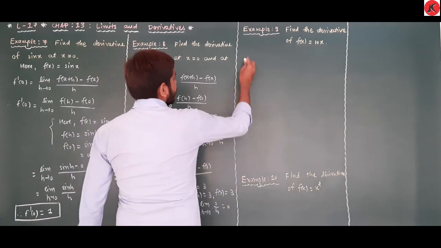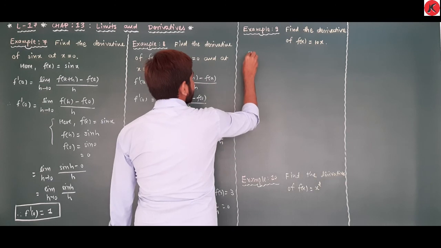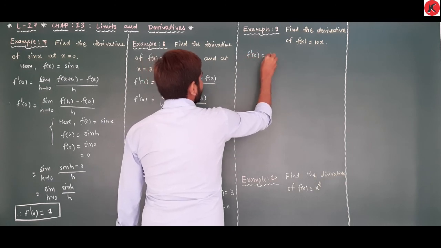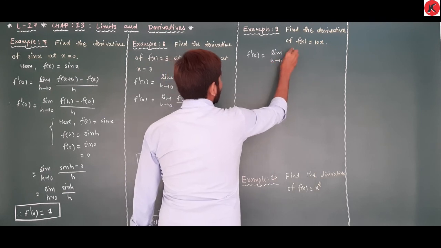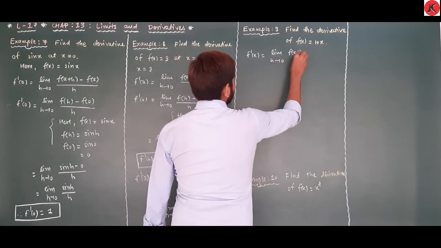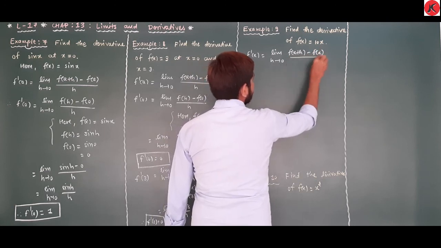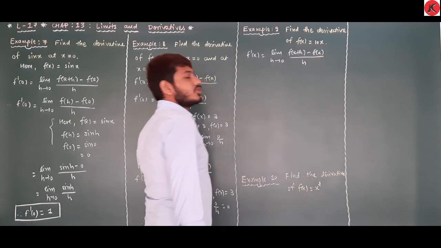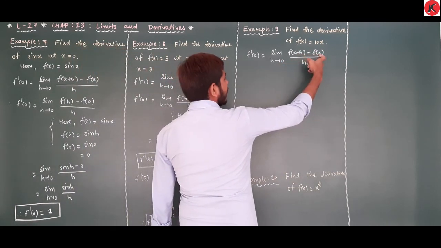Okay? So the first principle of derivative says that f dash x equals to limit h tends to 0 f of x plus h minus f of x divided by h. Now you have to put the values of f of x plus h and f of x.